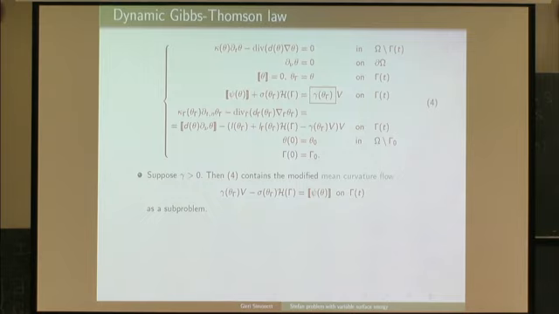Now, since you're looking at this dynamic condition, it turns out that it has, for an analysis, a very surprising or beneficial effect. You could first look at this equation and assume that you have positive kinetic undercooling. Then the way you would read it is something like, well, normal velocity equals the right-hand side.